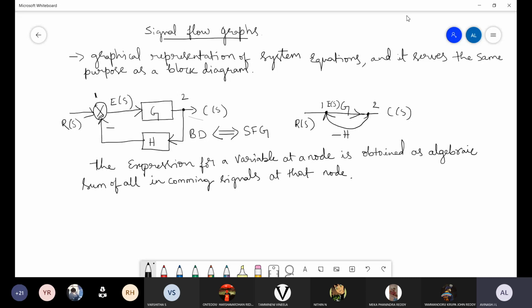Here incoming means incoming only. We are not supposed to take outgoing. That is exactly what we need to understand.